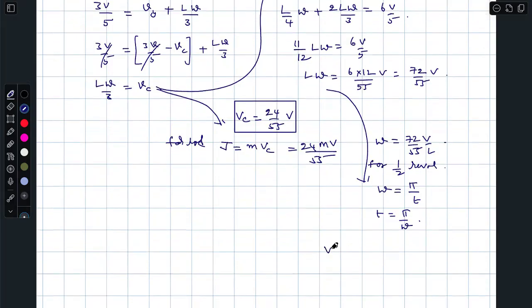So velocity of center of mass into time is the displacement of center of mass. So Vc is 24 by 55 V into pi by omega.